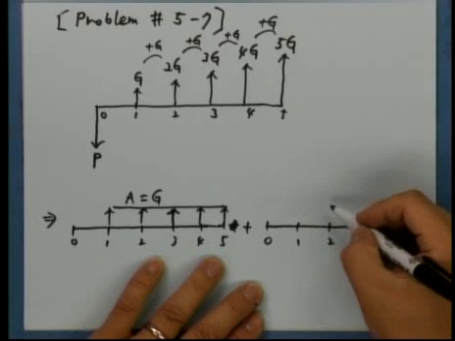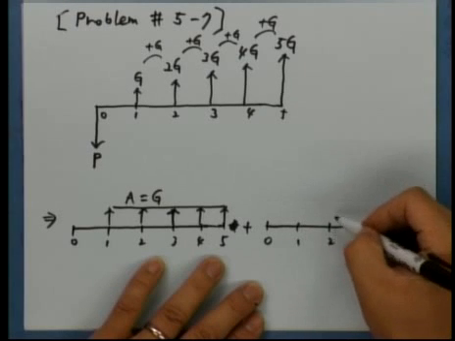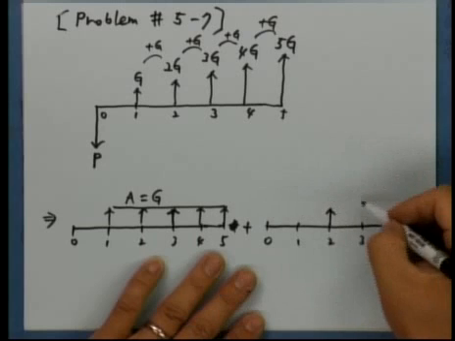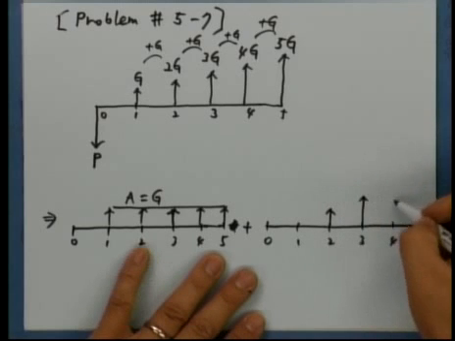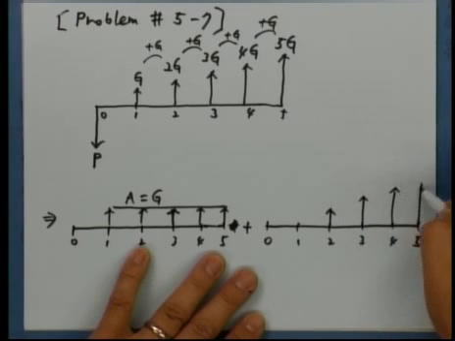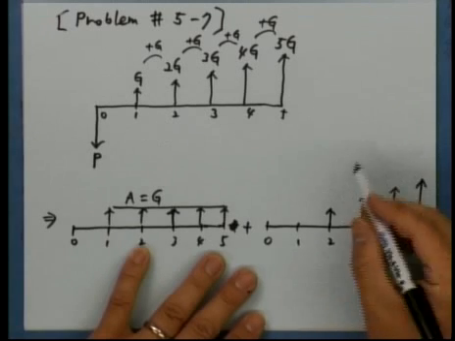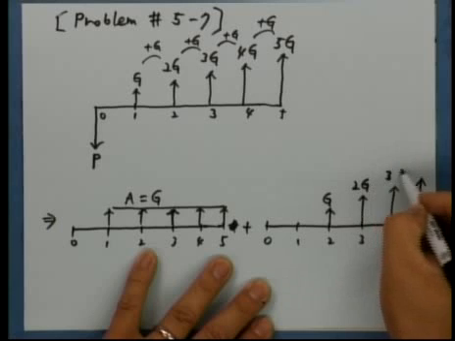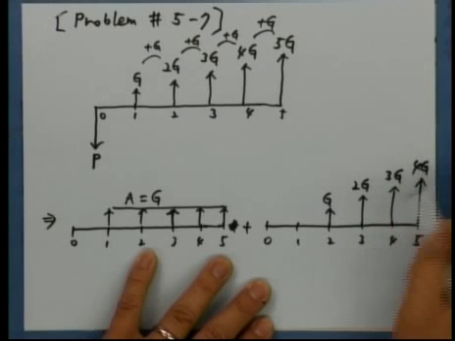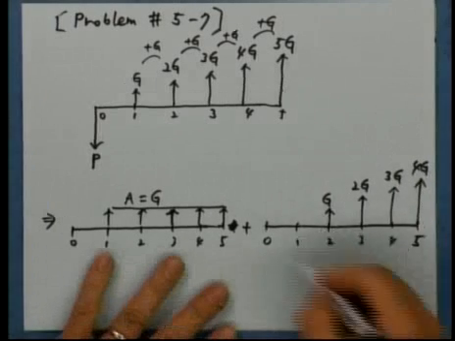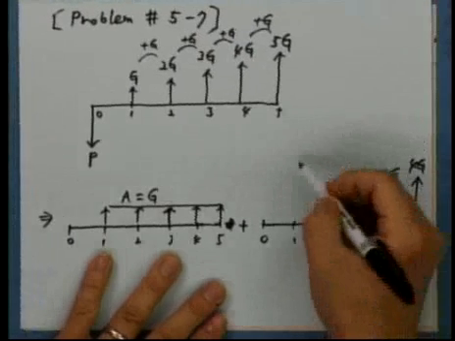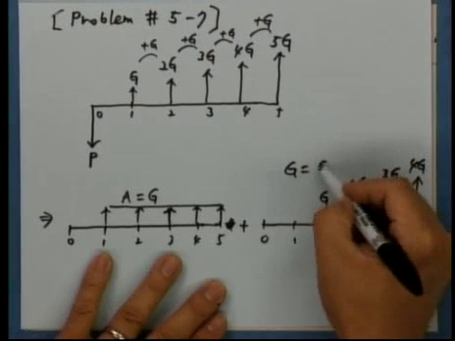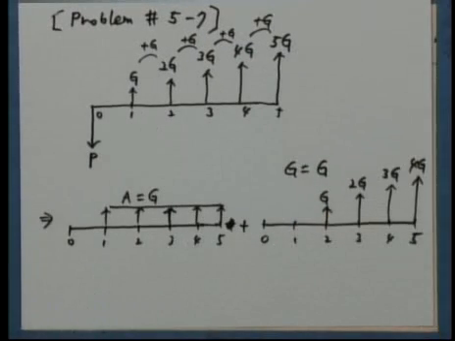At the end of period 2, there is 1G, and then 2G, 3G, and 4G, right? So this is the arithmetic gradient series of G equals G, right?